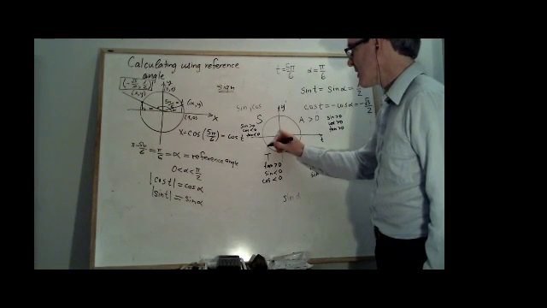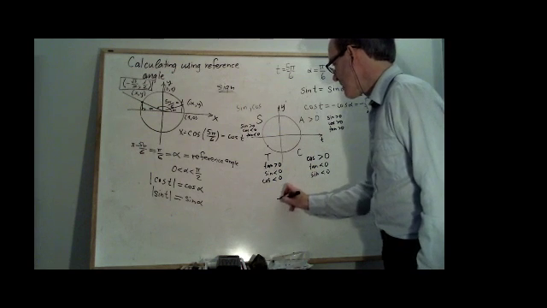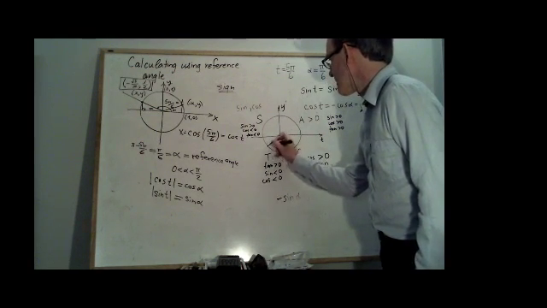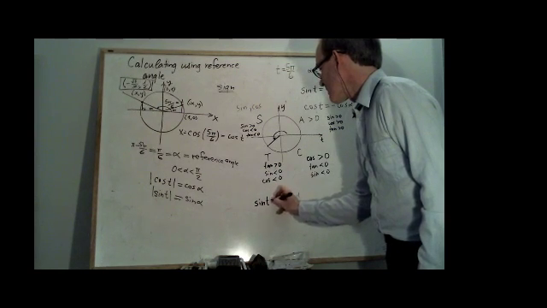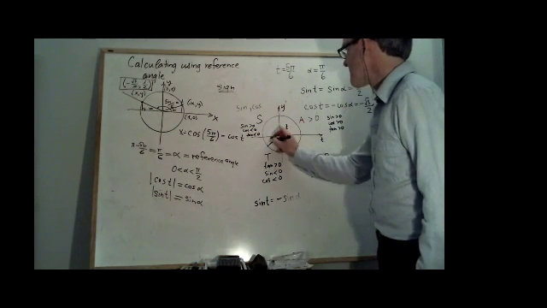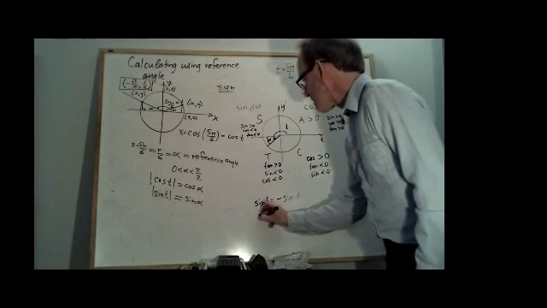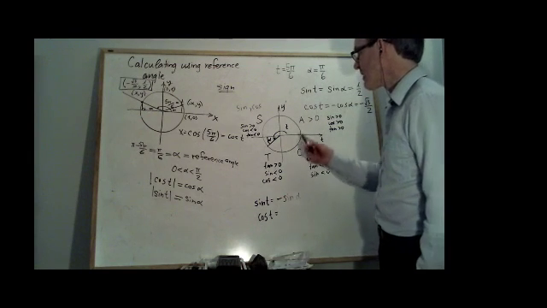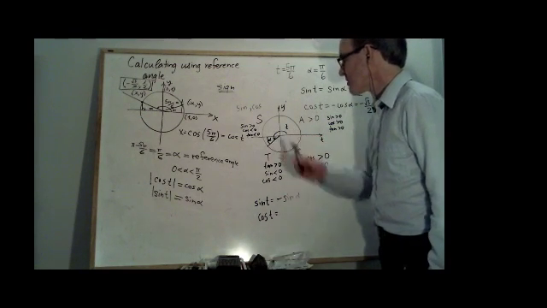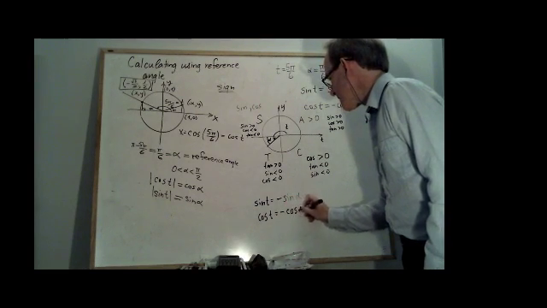The y coordinate of this point is positive or negative. Here it will be negative. That's t, and that's alpha in here. And if you're looking at the cosine function, then you choose it to be positive or negative depending on whether the x coordinate is positive or negative. And so again, you get negative cosine alpha.